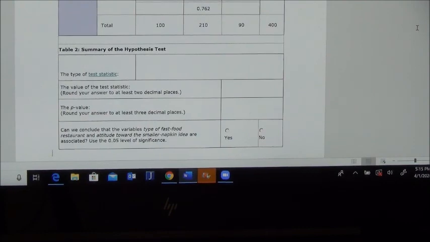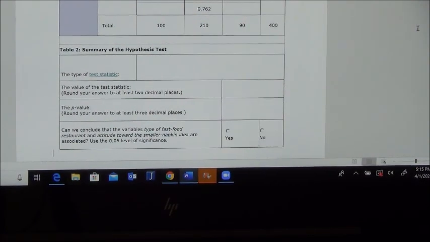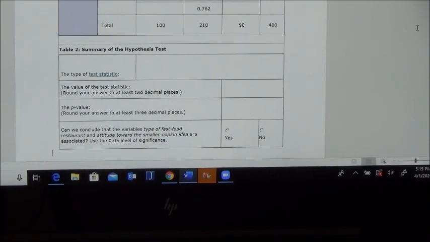And so the question wants to know, can we conclude that they are associated? Yes, we are going to conclude that because we are going to take our alternative hypothesis. Since our p-value is less than our alpha value, 0.003 is less than 0.05, we are going to accept the alternative hypothesis, which says that they are associated.